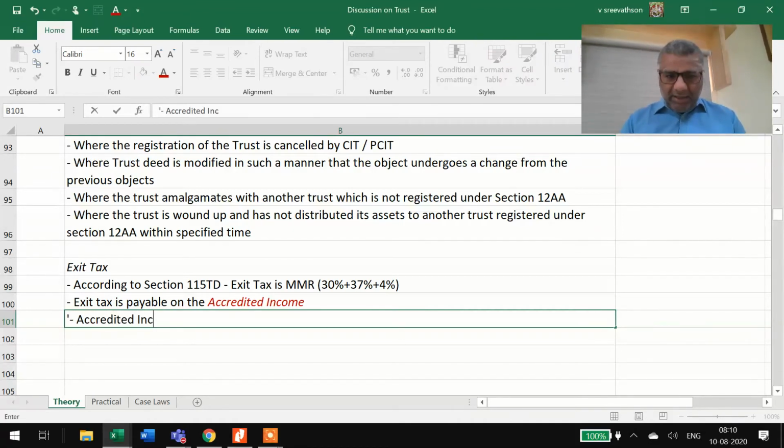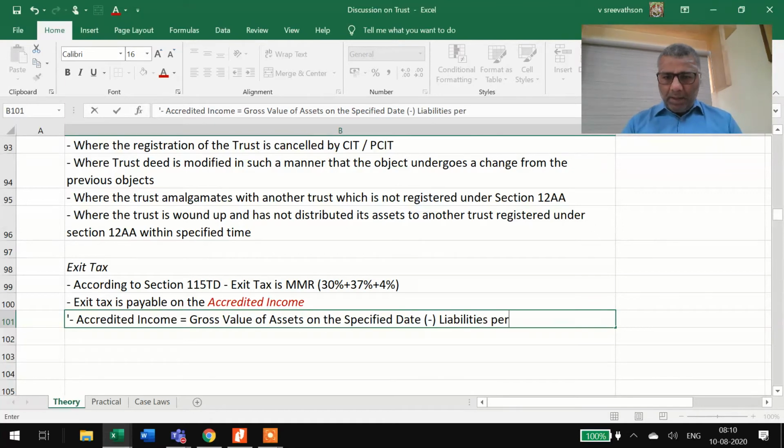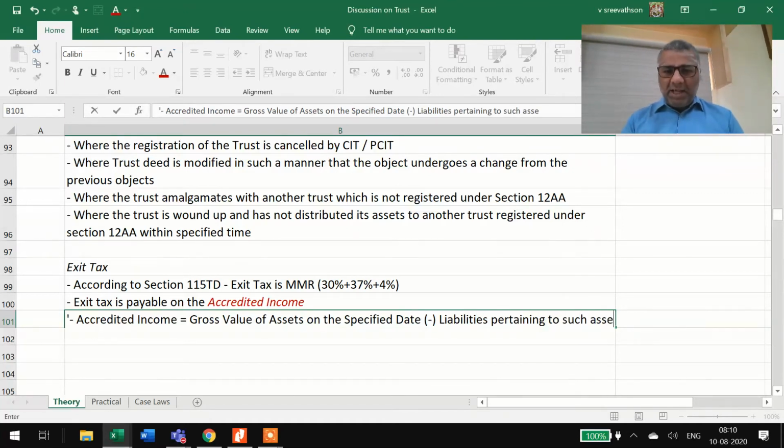Accreted income is equal to gross value of assets on the specified date minus liabilities pertaining to such assets.